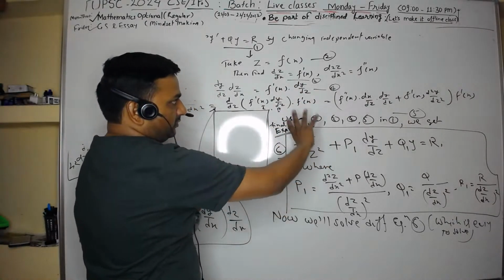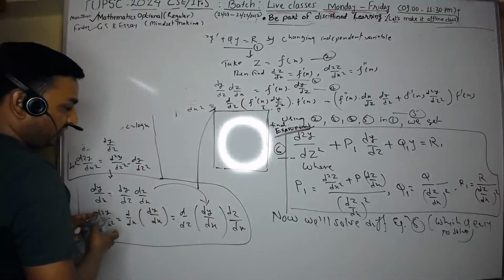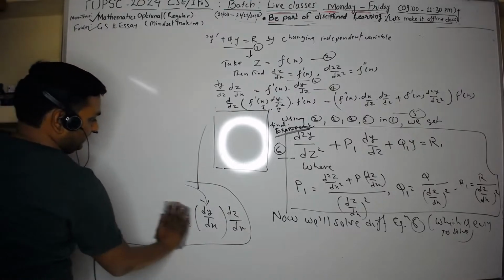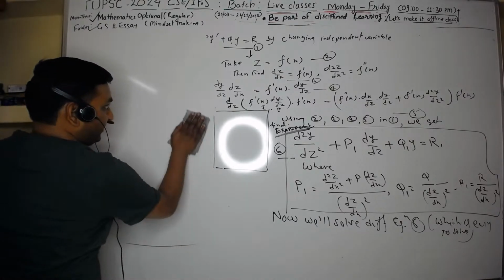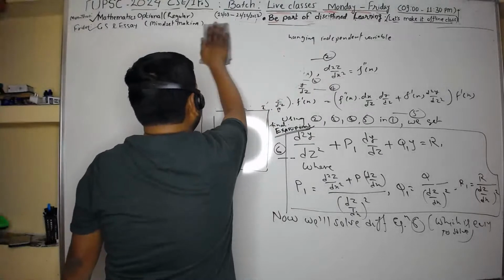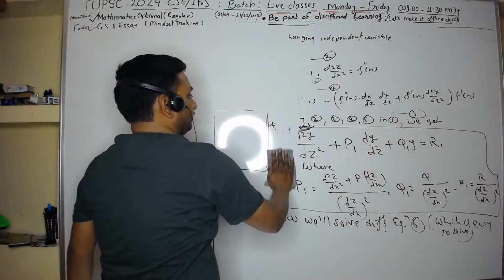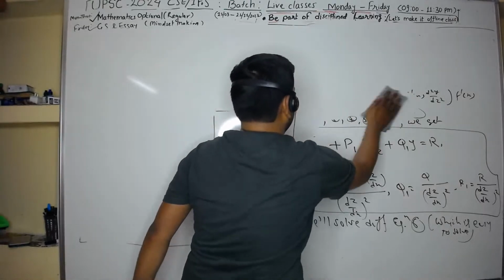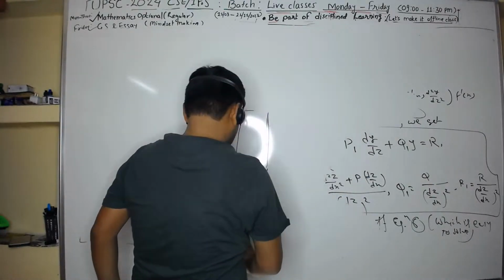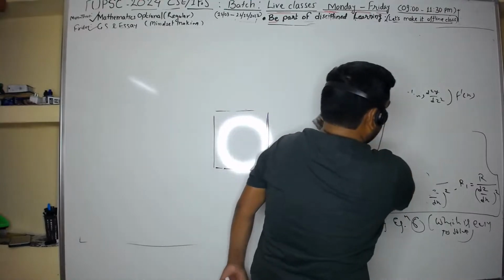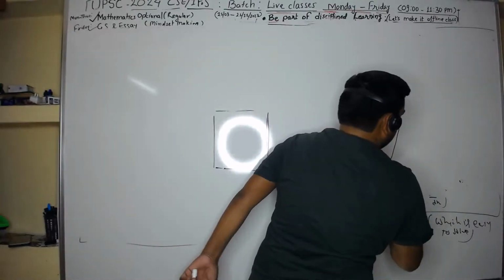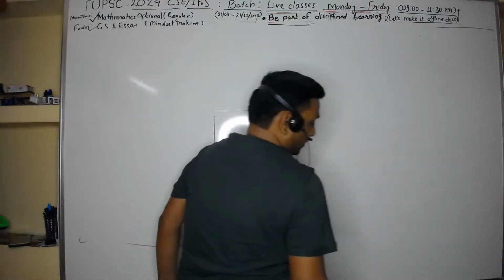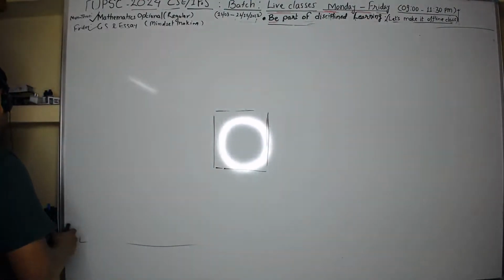Only focus here, because the way we have already learned in the Cauchy-Euler, right? Let's take some example to substantiate this method. Okay, let's have an example now.